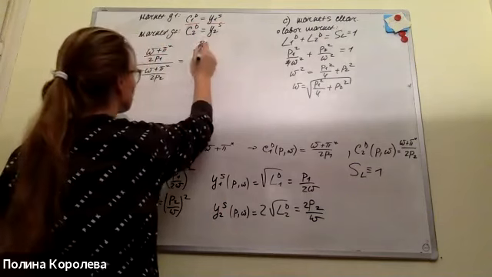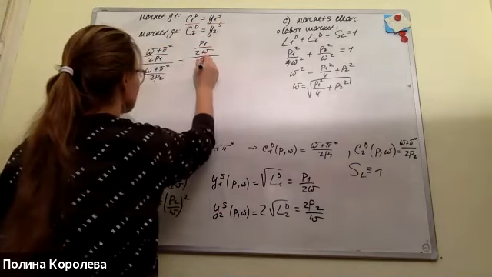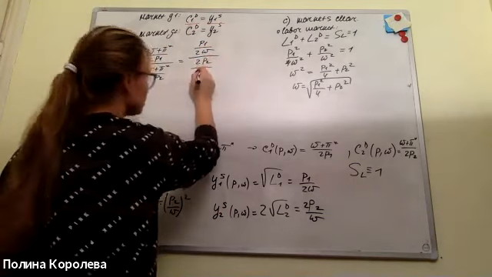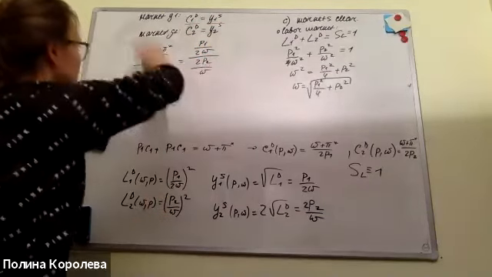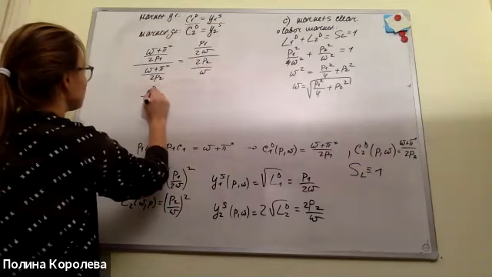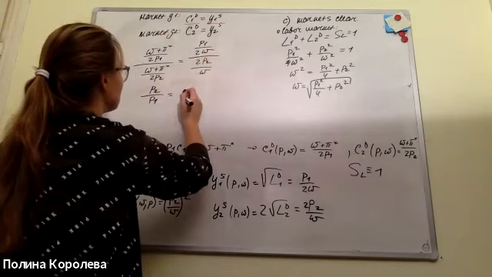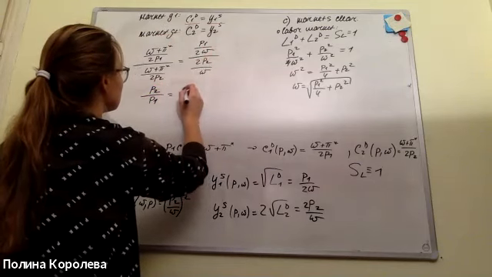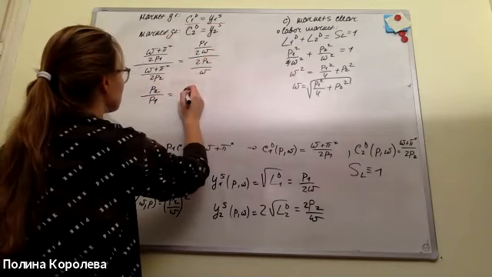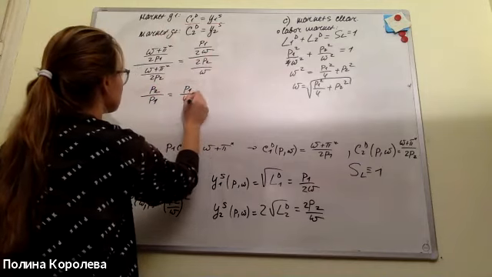P1 over 2V divided by 2P2 over V. Revert everything, and what will we get? P2 over P1 equals P1 over 4P2.